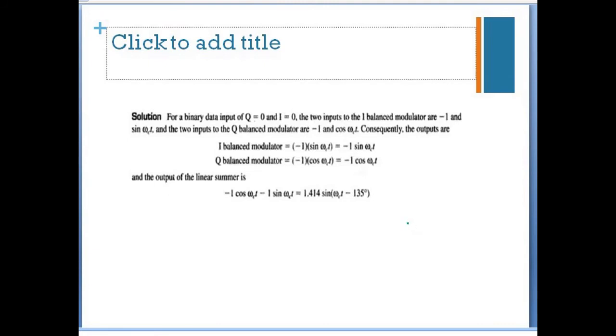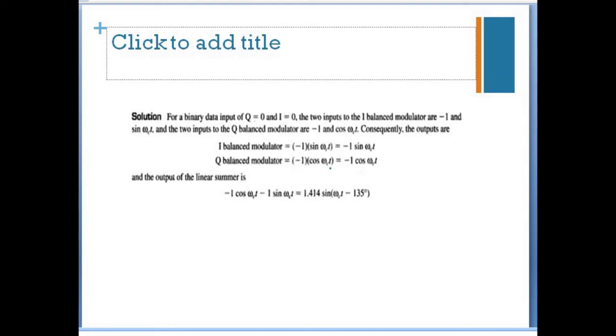Let us see what the mathematical equations will be when we give Q equal to 0 and I equal to 0. When I equal to 0, the value is given to the balanced modulator. If the I value is 0, that is a negative voltage, that is minus 1. This multiplies the carrier sin omega ct, so we get minus sin omega ct. Similarly in the Q channel, if Q equal to 0, that is negative, that is minus 1.